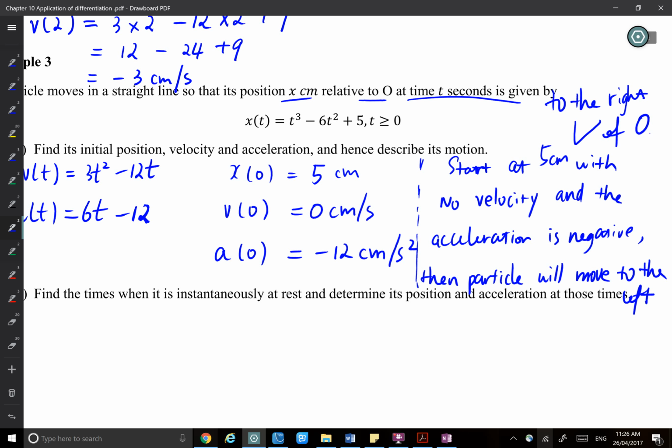There's no velocity initially, and the acceleration drags the particle to the left. Then in the next second, because there's a negative acceleration, the particle will move to the left.